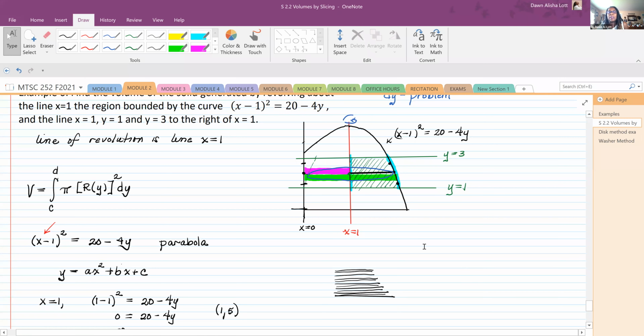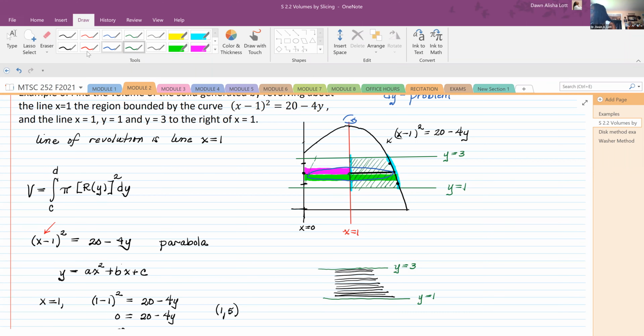Okay, so De'Ara, yes. That black line, you see this black line starts way down here at y equals 1. So this is that line, y equals 1. And it goes all the way up to this line, y equals 3. So that black line can start down at the bottom and it goes all the way up at the top.